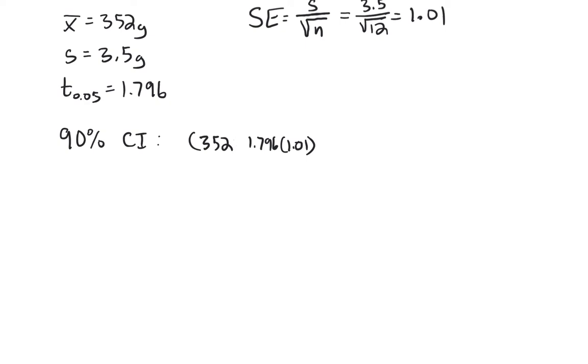Sorry, since I'm using interval notation, I'm getting ahead of myself. This should just be a minus. And we'll do the plus on the other side: 352 plus 1.796 standard errors, and a standard error is 1.01 grams. So there's our interval notation.